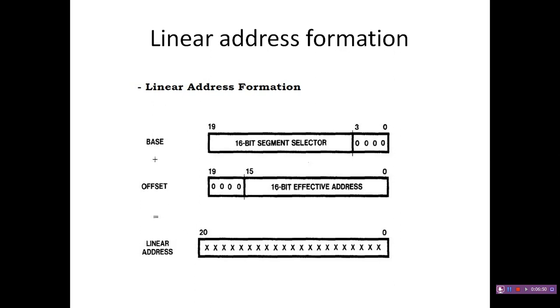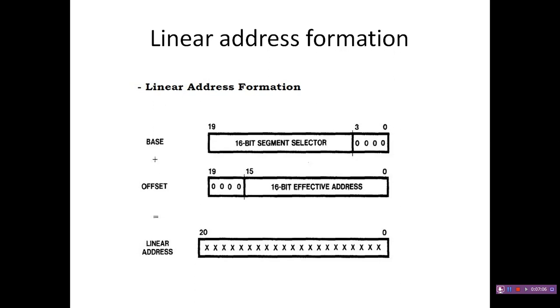Unlike 8086, 32-bit effective address can be generated. However, the value of 32-bit address may not exceed 65,535 without causing an exception.